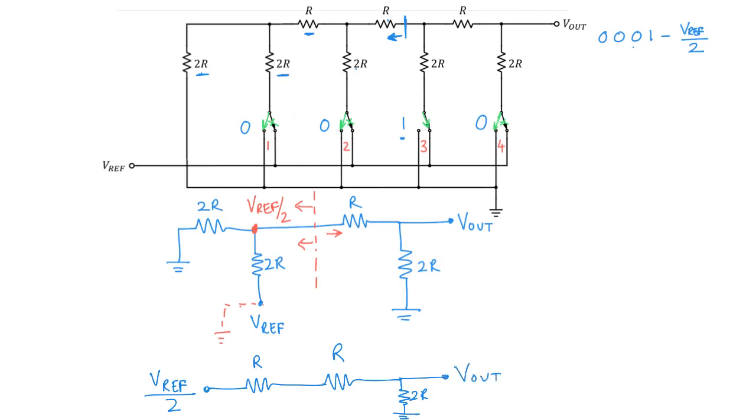So what is V out going to be in this case? Now these two resistors add up to 2R, so that's half of V ref over 2. So V out is going to be V ref over 4. So when the code is 0010, the output is V ref over 4.